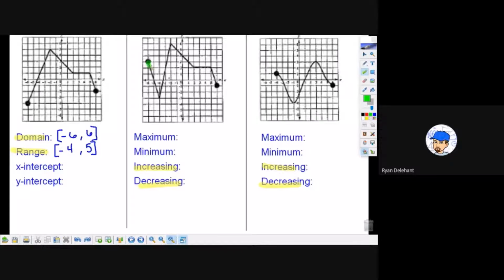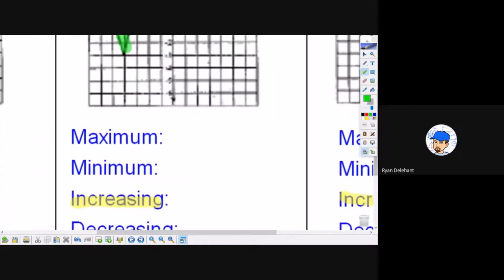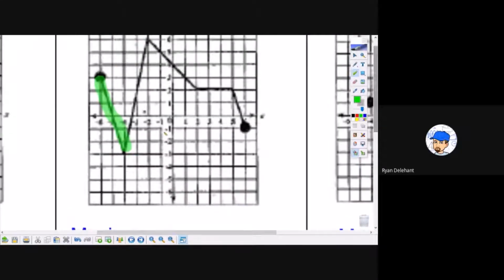The first part of this graph, increasing or decreasing? It's decreasing, and I'm going to zoom in so we can see it. So that first part of graph is decreasing. The Y values are going down. But when we list its answer, we list that by the X values that is happening, meaning it's decreasing from -6 to -4.